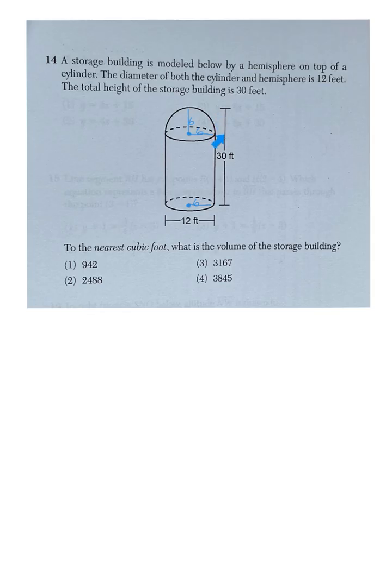What's the distance from here all the way down? What's left over? In other words, what's this distance right here? So if you do 30 minus that 6, you're going to get this piece right here. So from here down to the bottom would be 30 minus 6, which is 24. Does that make sense? Okay, all right.